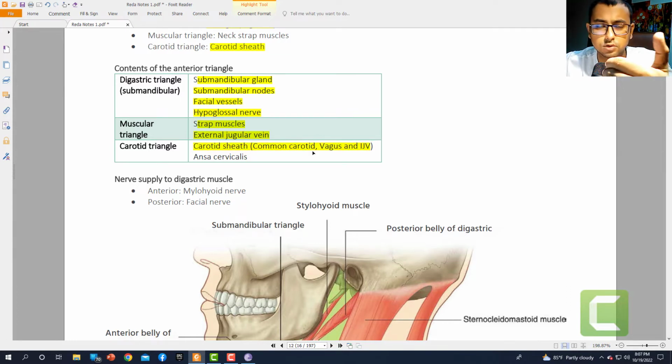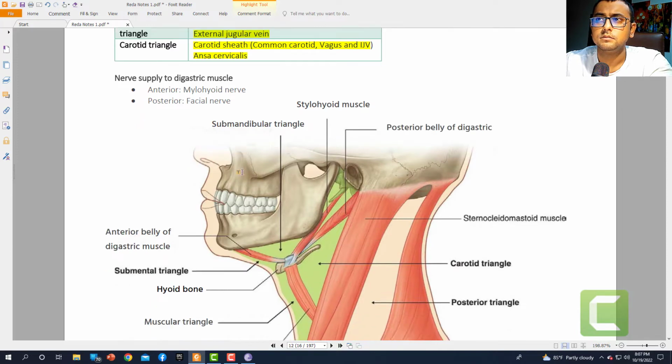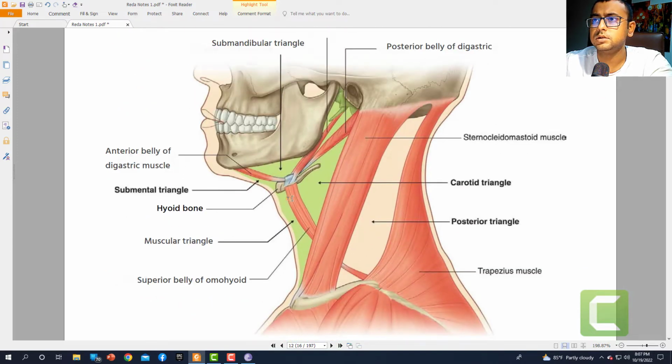The vagus goes in between the 2 great vessels, common carotid and internal jugular, and the most superficially present is the ansa cervicalis. So these are the 3 triangles: muscular, submandibular, and carotid.